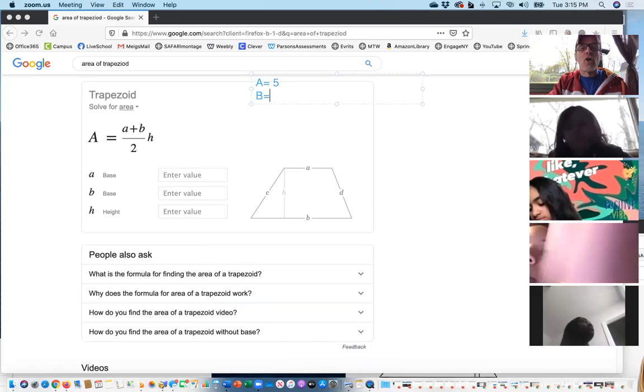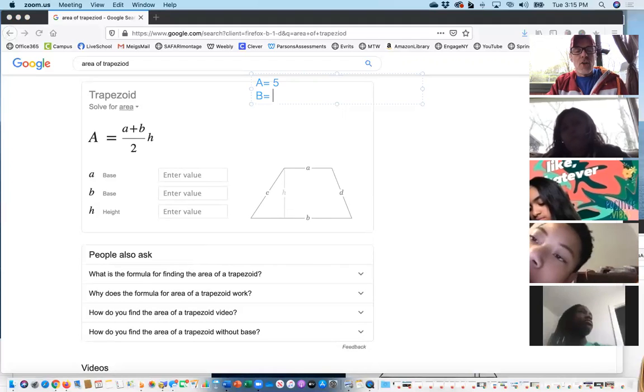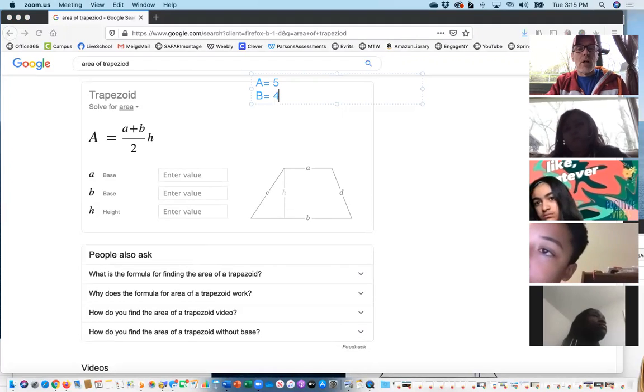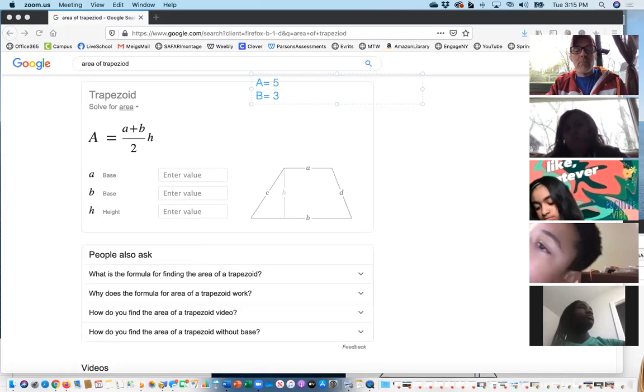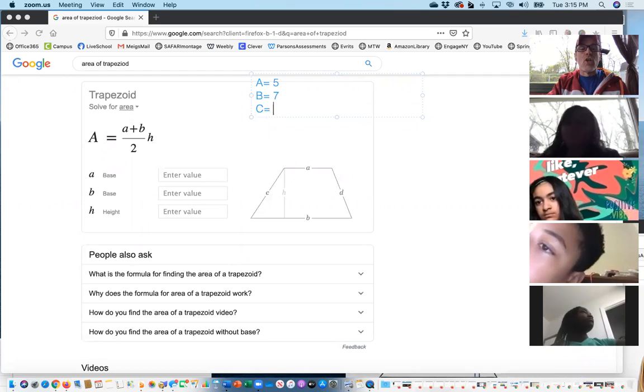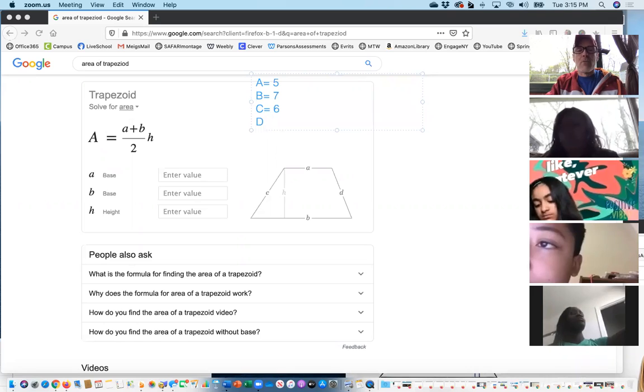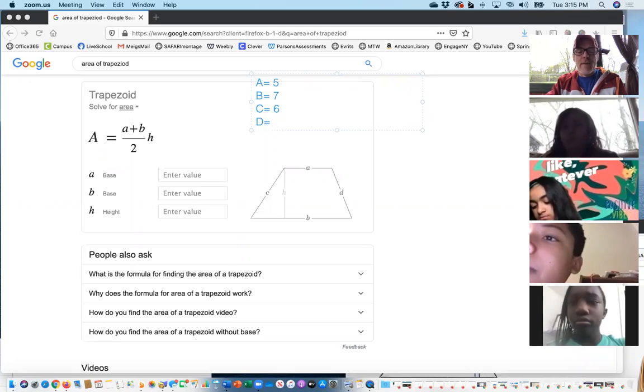B equals 6, no, 7, okay? C equals 6. D, I'm trying to make them realistic, equals 5.5.